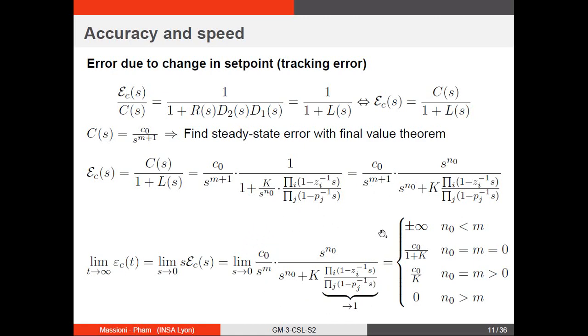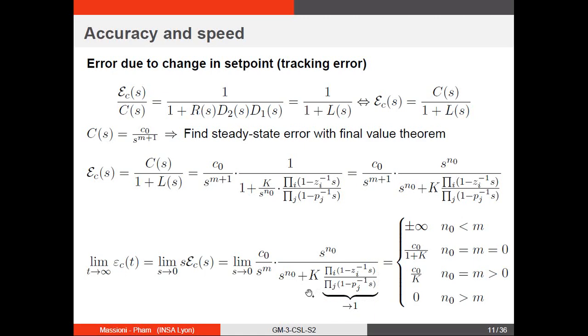Now, computing this limit, pay attention to this part over here. It's just the product of some terms over here, product of some terms over there. If this is normalized with the 1 on the constant part, then as s goes to 0, no problem. This just goes to 1, and we are left with a k.